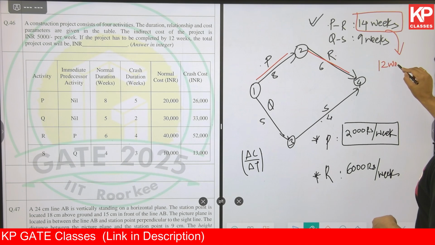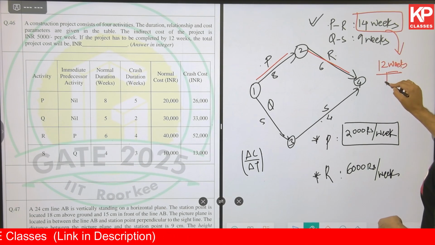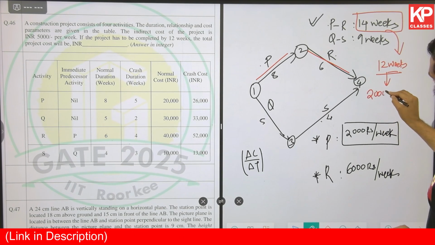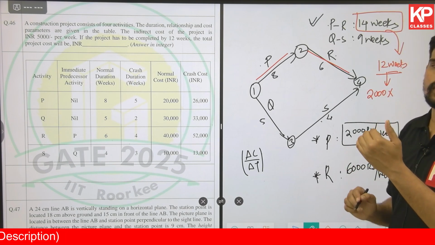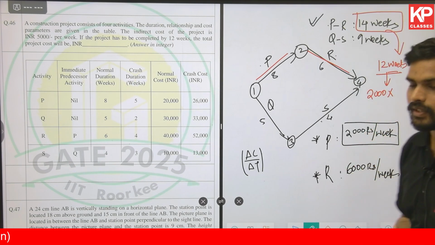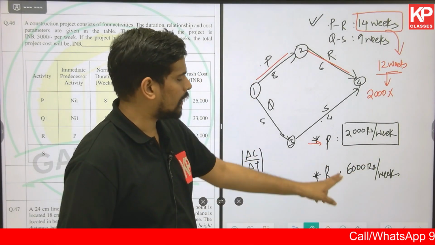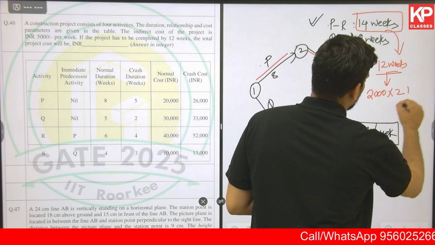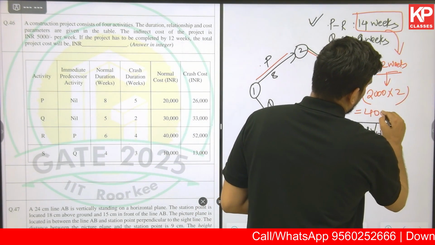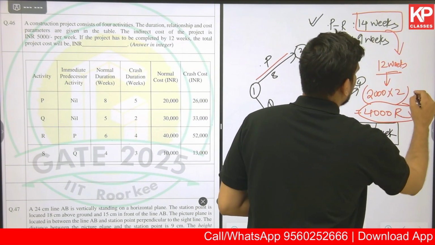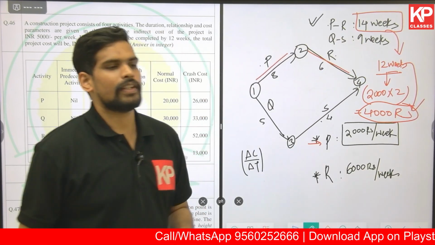To complete it in 12 weeks, what is the additional cost implied? You need to reduce the duration by 2 weeks. Per week it is 2,000 rupees from the cost time slope for P. That's the cheaper activity, so I'm taking that as the cost of crashing. So 2,000 into 2, that is 4,000 rupees. That is the total cost of crashing to achieve 12 weeks of project duration.